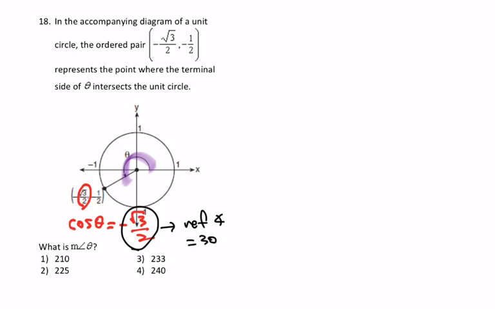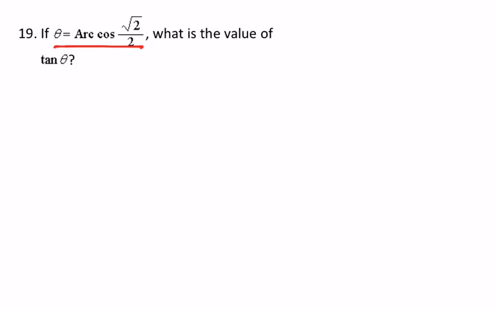So cosine of 30 is equal to radical 3 over 2. This one has to be memorized, of course. And then, all right, so our angle would have been equal to 210. Choice 1.